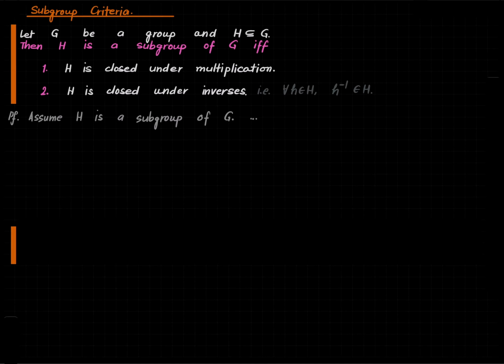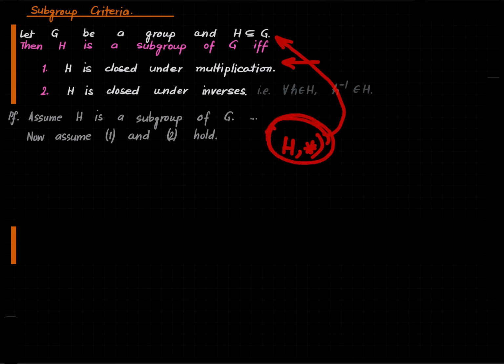The other direction is what I want to do, which is also trivial. So now assume 1 and 2 hold. We want to show that H is a subgroup, that H is a group in its own right. By property 1, we can talk about H comma star, where star is the binary operation on G. H comma star is a meaningful object in the sense that star restricted to H is a binary operation.